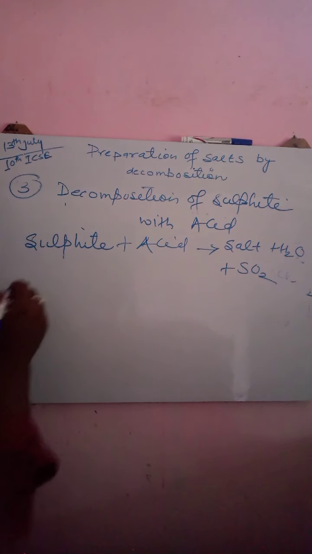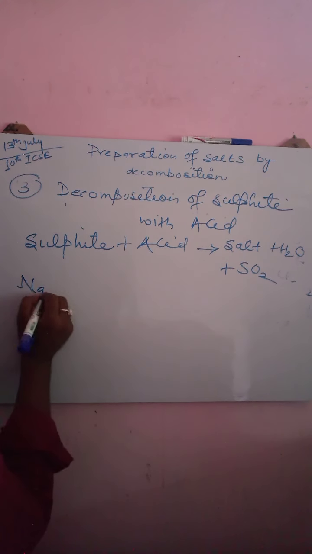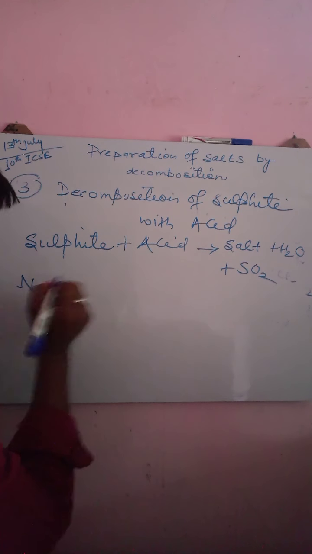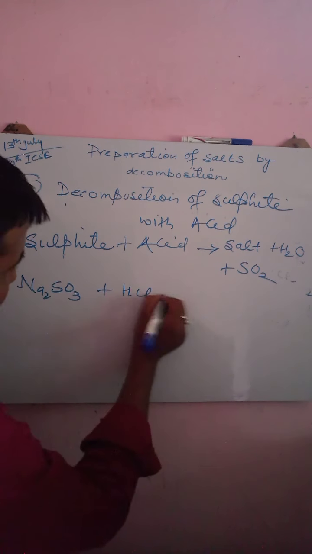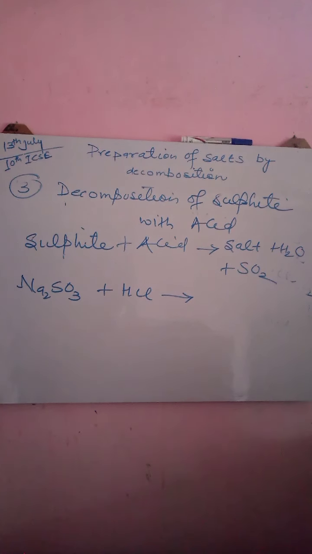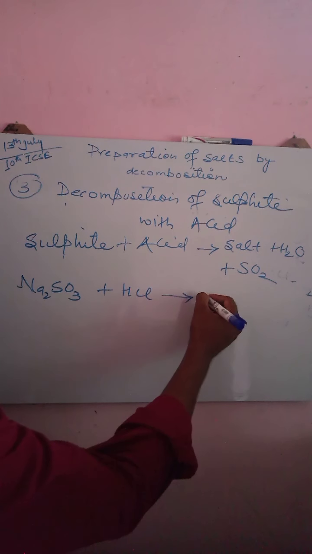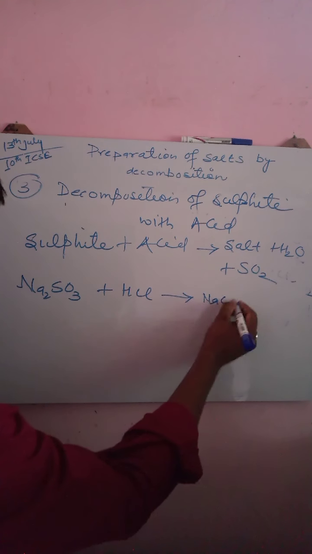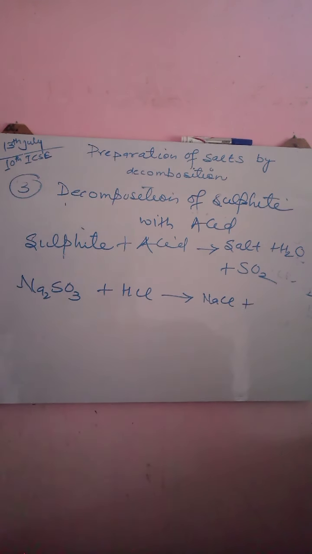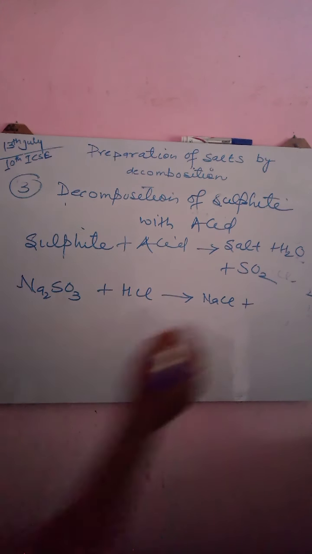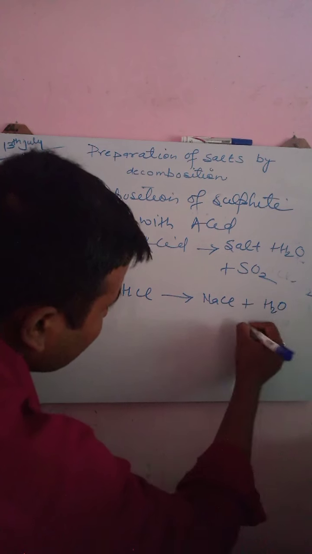Let us see the example of sodium sulphite, Na2SO3, plus hydrochloric acid. It attacks the sodium sulphite to form NaCl plus H2SO3 this time, and that H2SO3 dissociates to form water plus SO2.